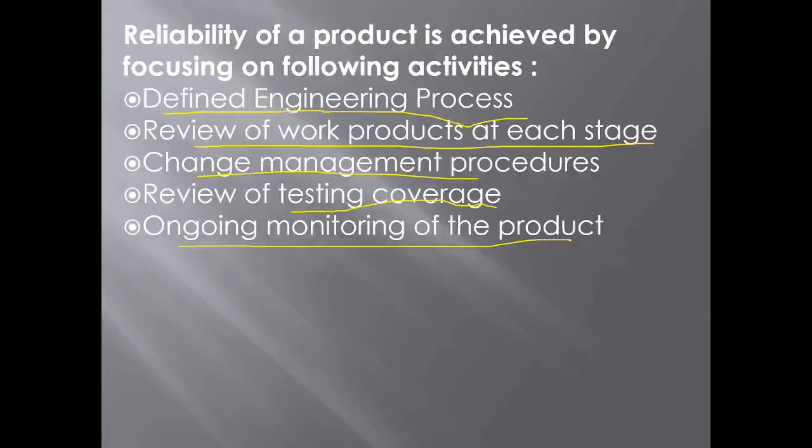Once the product has been delivered, it is analyzed properly for any possibly missed errors. Ongoing monitoring means that when the user is working on the product, it is monitored properly to check whether all functions are working properly and that no errors were missed.